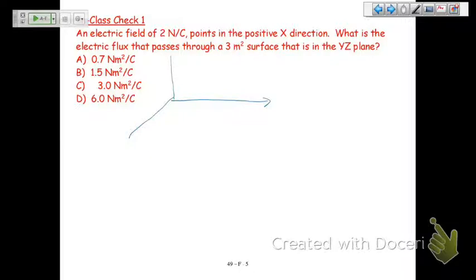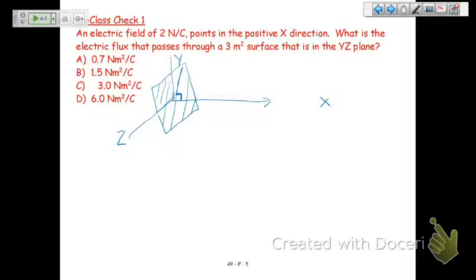This is our x-axis, this is our y-axis, and this is our z-axis. And I have 3 meters. I like to draw them as circles, they don't have to be. It doesn't matter about the arrows on the bottom corner. I could draw it more symmetrically. It doesn't matter, as long as it's in this YZ plane.